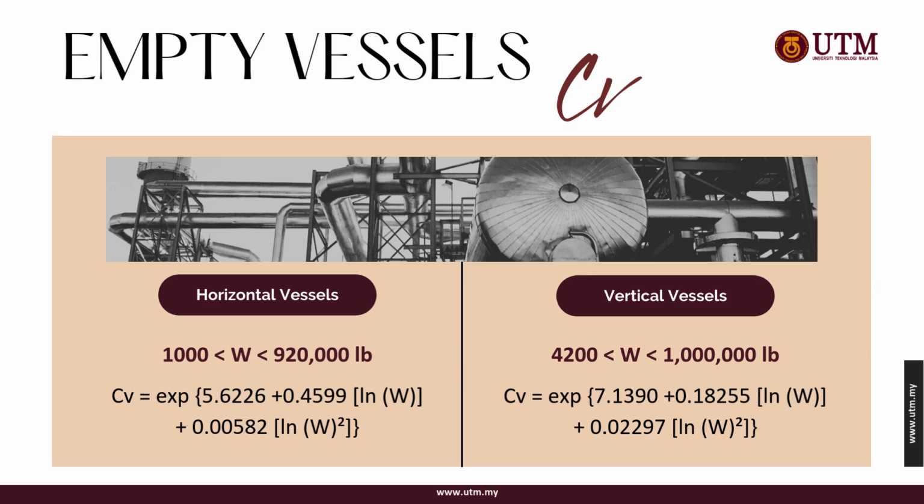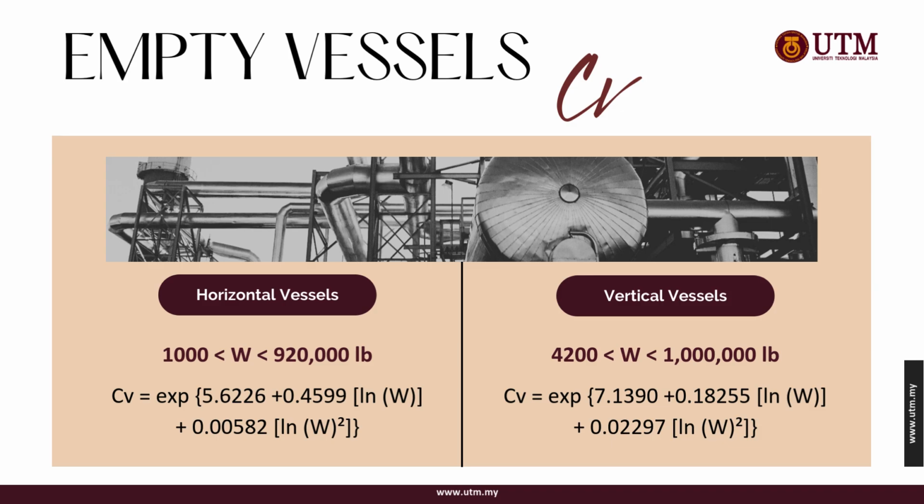Okay, the next one, the costing of the empty vessel, denoted as Cv. The cost is determined based on the weight of the vessel and its design type, whether horizontal or vertical. The equations are as follows.